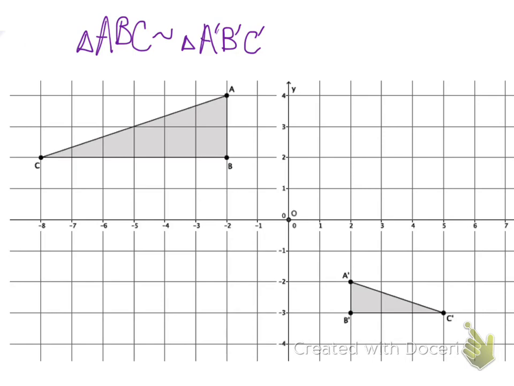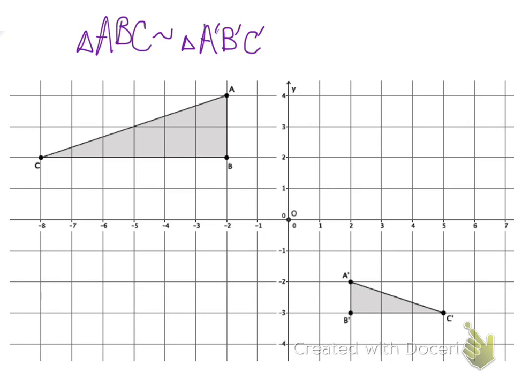Looking at the two triangles, I'm going to try to map ABC onto A prime, B prime, C prime. So what dilation would I need to perform to do that?